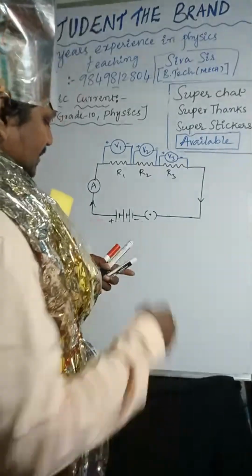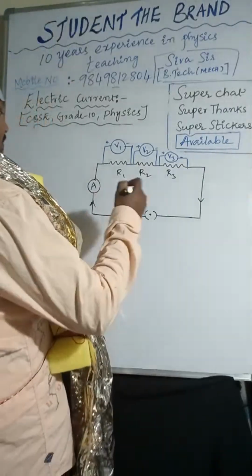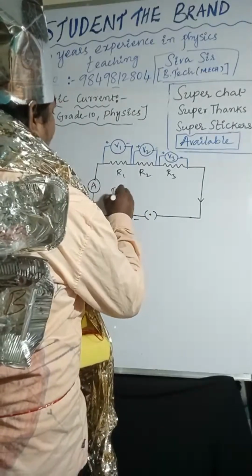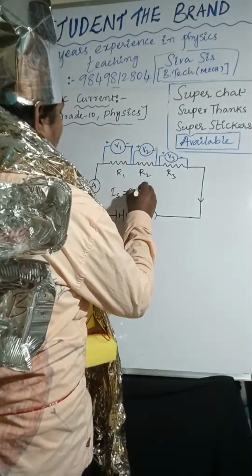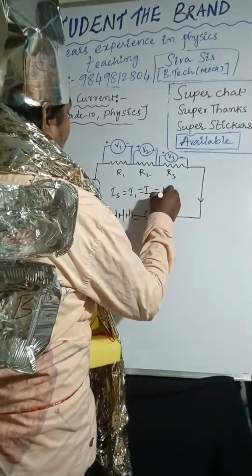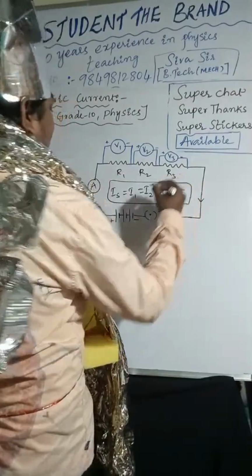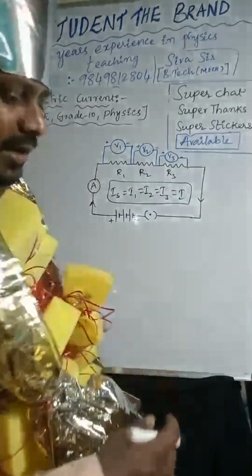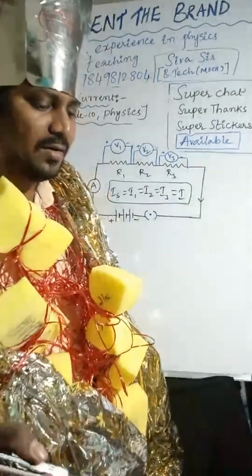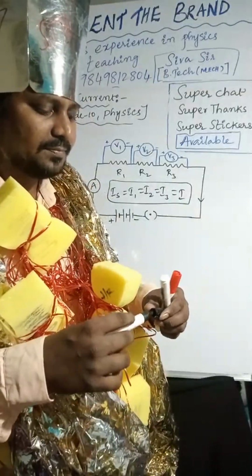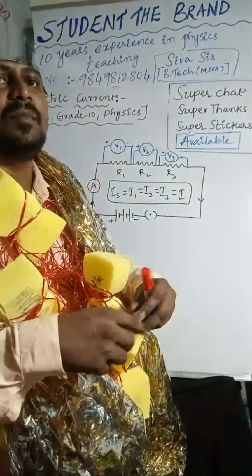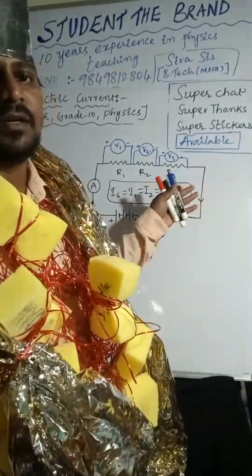That is, we can take Is equal to I1 equal to I2 equal to I3 equal to I. So current is the same throughout the circuit.